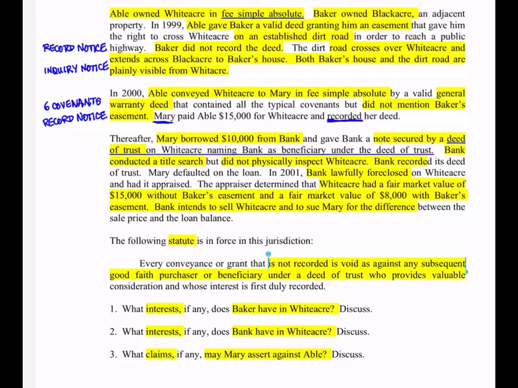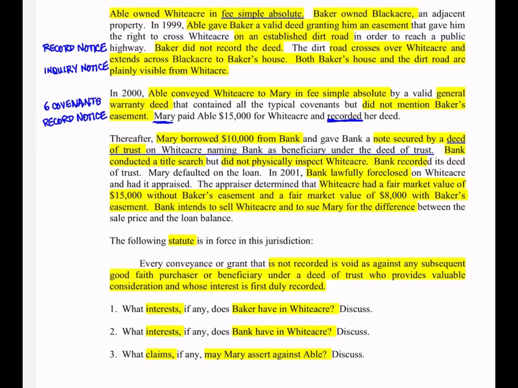Make it really simple. It has a subsequent good faith purchaser, and it has whose interest is first duly recorded. This is a race notice jurisdiction. And you need to know what that means and how to analyze what happens with this. The first bona fide purchaser without notice who records is going to prevail. It's that simple.